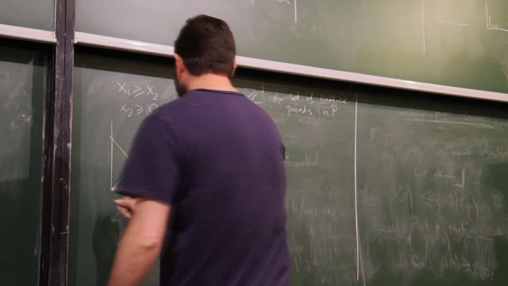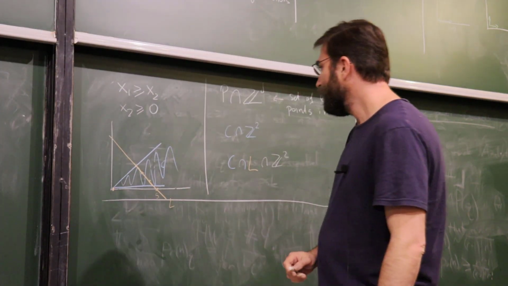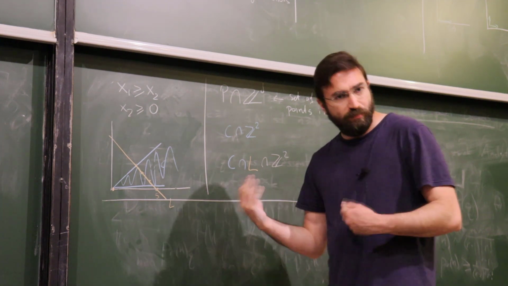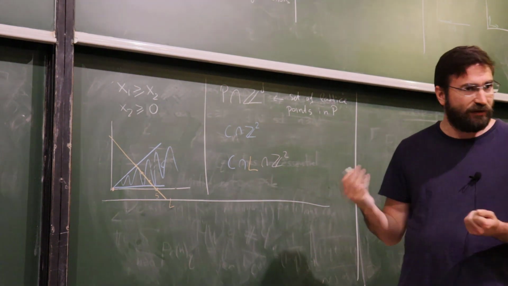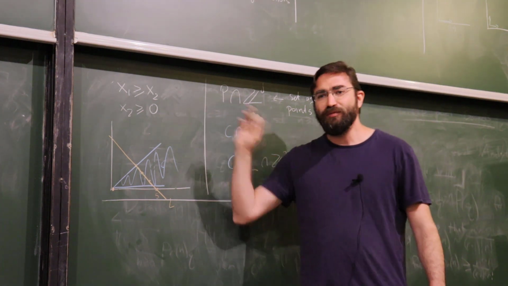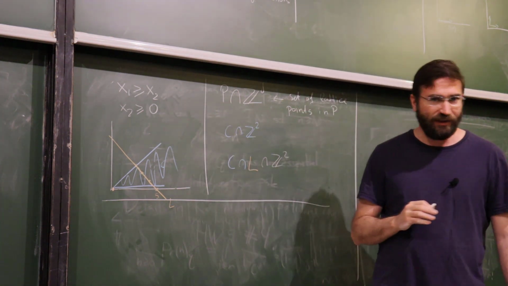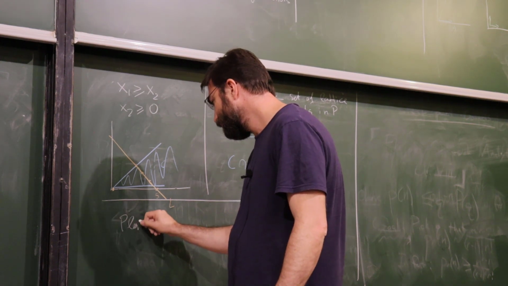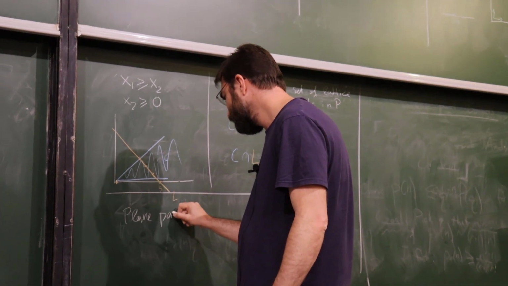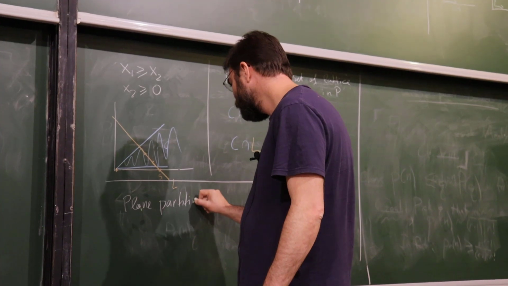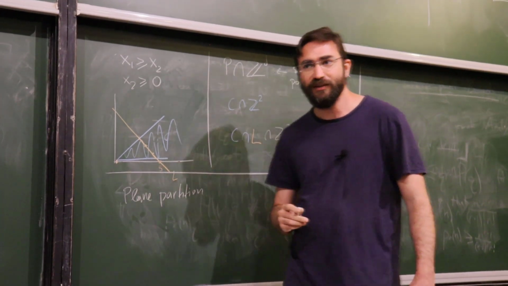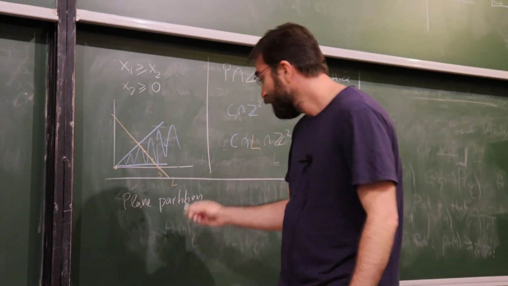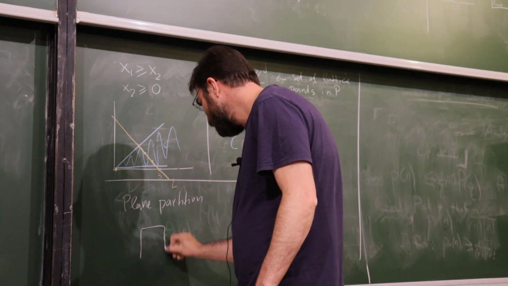So, let me directly give two more examples. Because fixing partitions in two parts sounds a bit ridiculous, right? But plain partitions, nobody thinks they're silly, right? So, what is a plain partition?